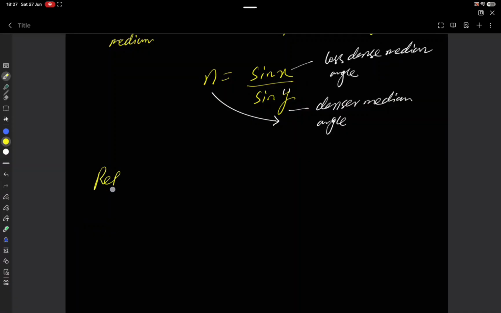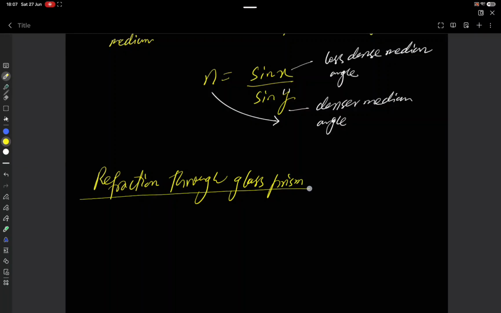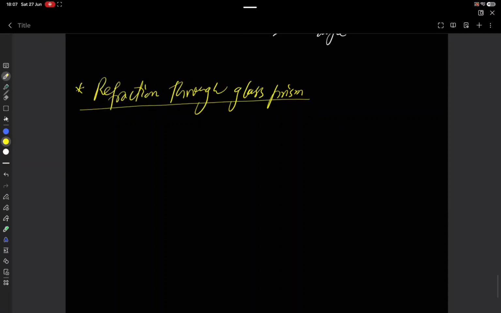Next we have refraction through a glass prism. Now we have a glass prism, all angles are equal.